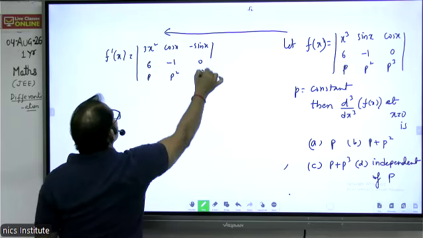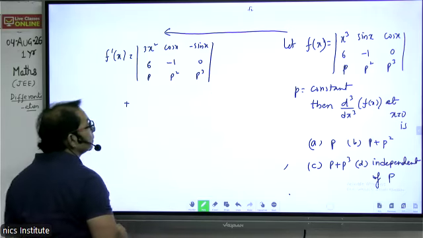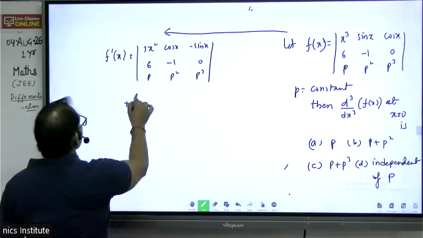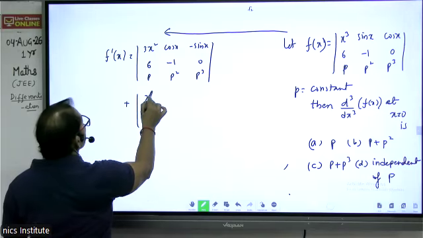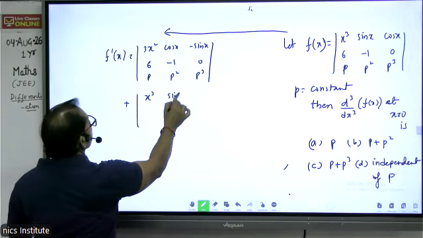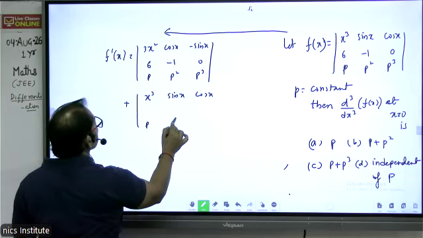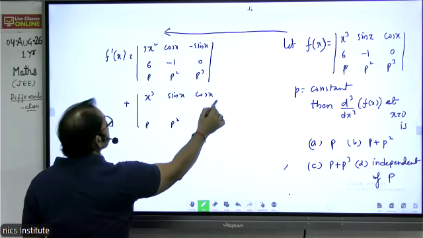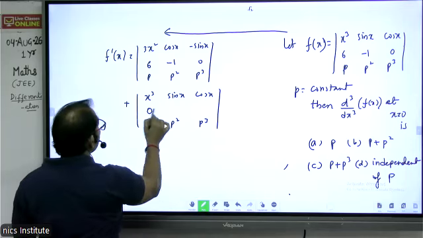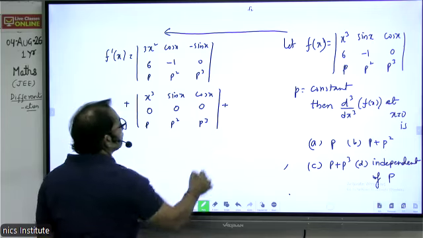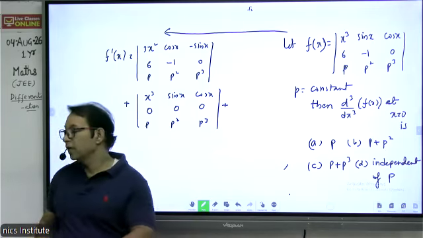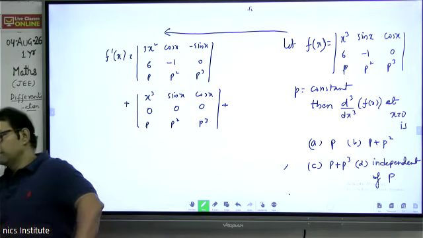All right? Plus. Next time you differentiate the second row, the first row and the third row will remain unchanged. Since the second row is completely constant, the derivative of the second row would be 0, 0, 0.